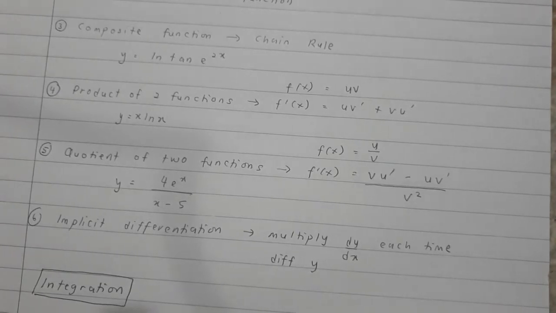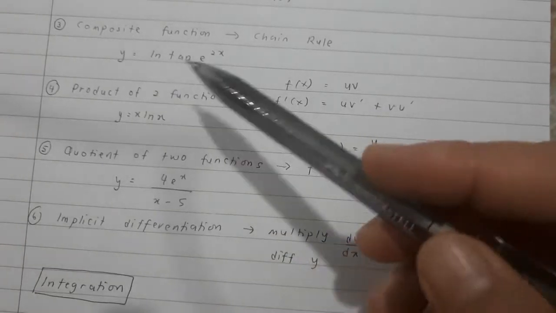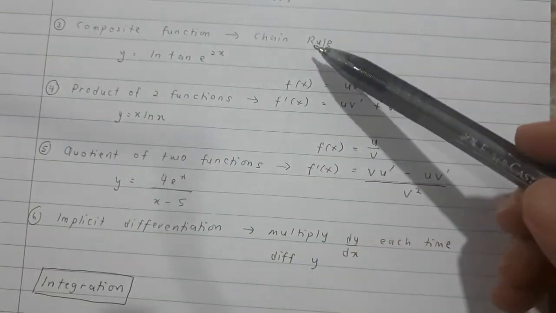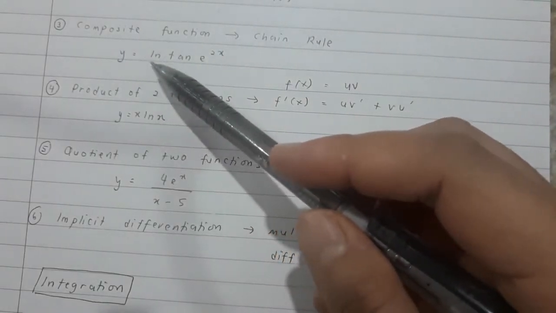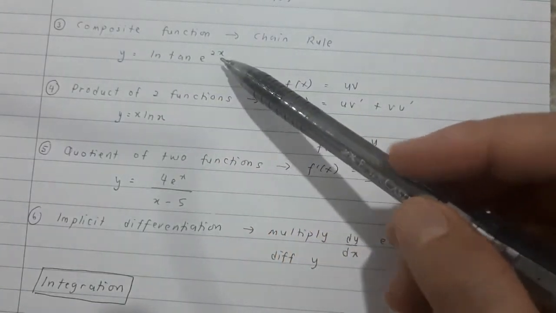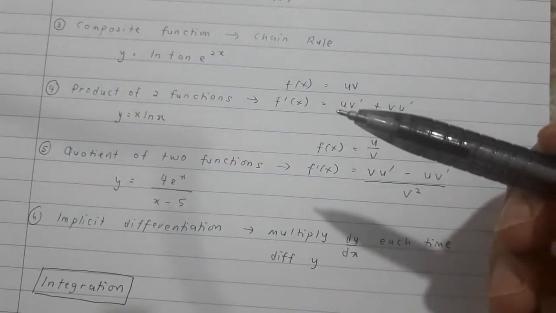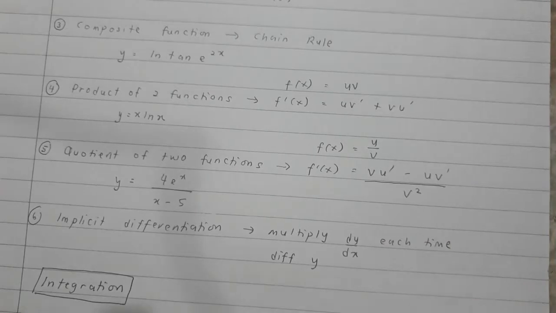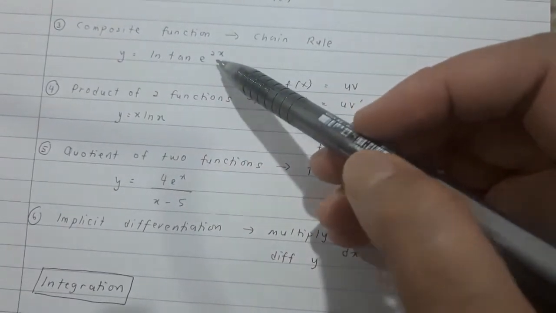And then number 3, if the question asks us to differentiate a composite function, then we will use the chain rule. For example, here we have y equals ln tan e to the 2x. This is an example of a composite function, or fungsi gabungan. So, beberapa fungsi bergabung menjadi satu. Here we have 1, 2, 3, 4.